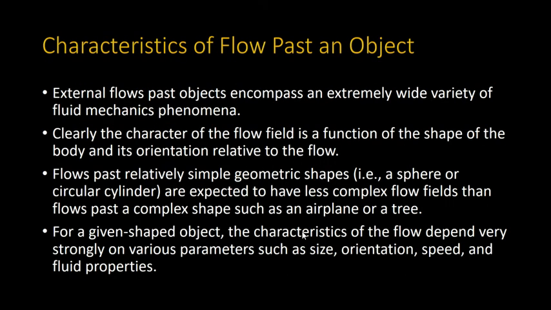So this part is related to the characteristics of flow past an object. Basically, for a moving object, we can characterize the flow based on the shape of the body, for example the shape of a car or an airplane, and based on size: how long your car is, how long the truck is, and then the speed, the incoming velocity.